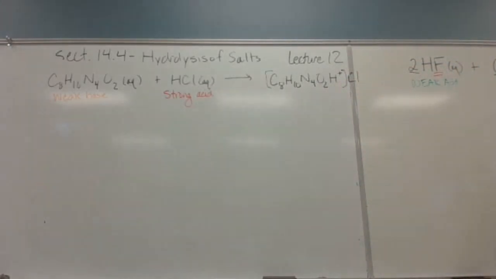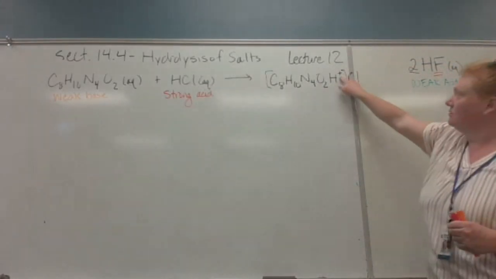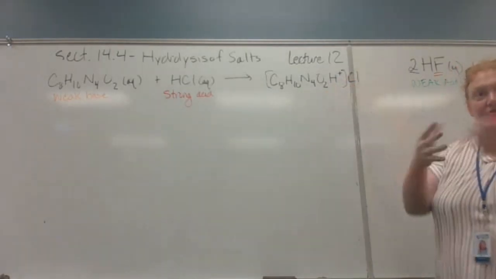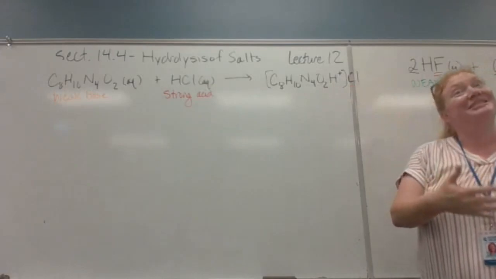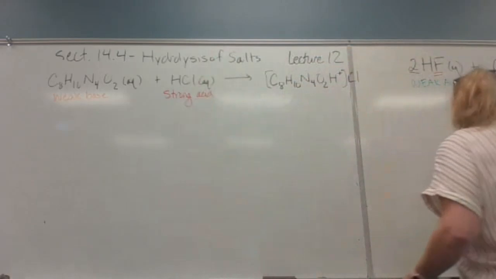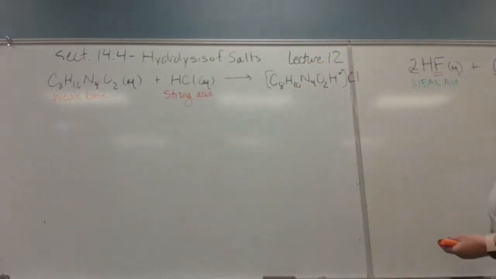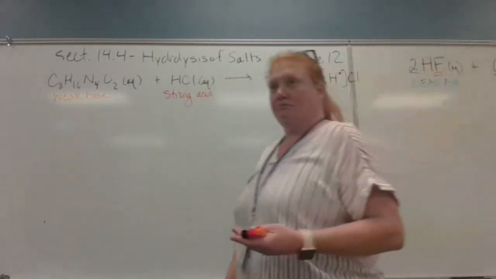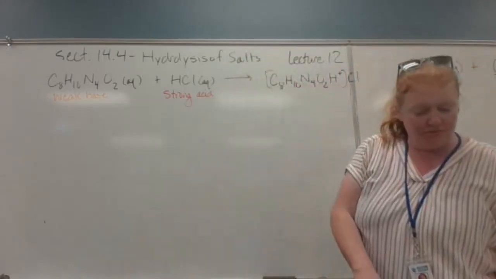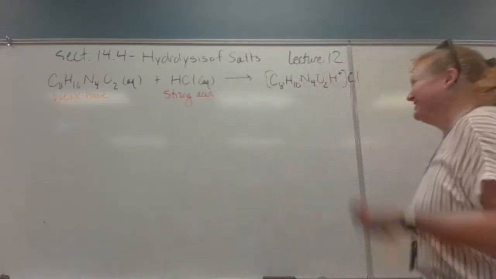You don't put a positive sign? Well, this is my cation and this is my anion. I'm writing the formula. This is the salt. That's what I'm telling you guys. I'm showing you what the salt is right here. How does water get made?